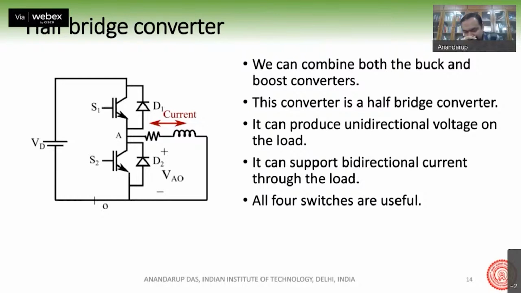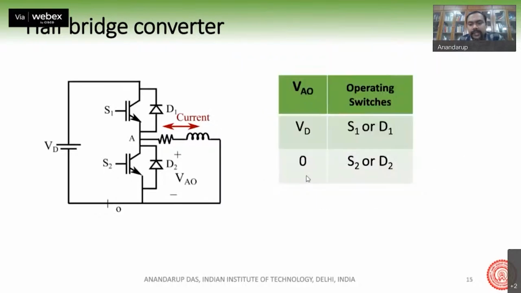We have already studied that, the half bridge converter. In the half bridge, you have these two switches, S1 and S2, which are controlled switches. And also we have the two uncontrolled switches, D1 and D2. So we can find out the ways by which S1, S2, D1, D2 will be turning on and off.